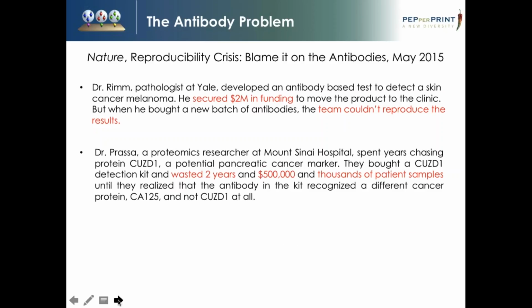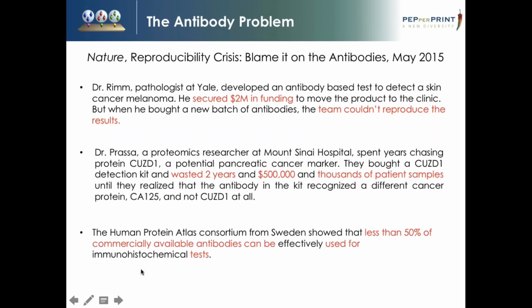So this really prompted the Human Protein Atlas Consortium from Sweden to develop a pretty robust study looking at antibodies available from commercial vendors, and they showed that less than 50% of these antibodies can be effectively used in immunohistochemical tests.